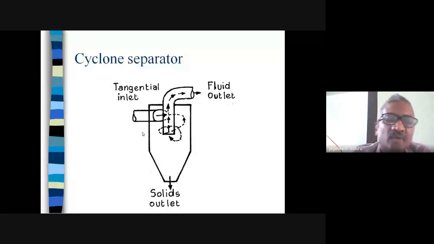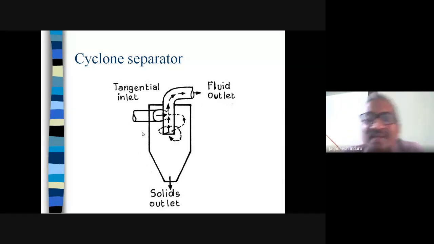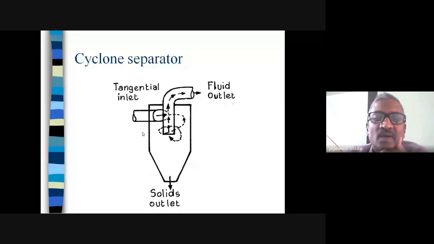In pharmaceutical engineering, fluid means either a gas or a liquid. But in this particular equipment in today's class, we are using gases. We are going to separate the solids in the air. That is what this equipment is. The fourth part is, at the bottom, a solids outlet.